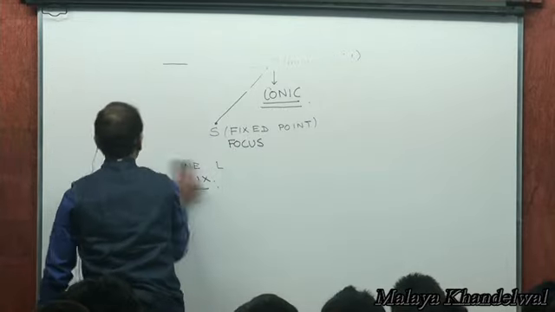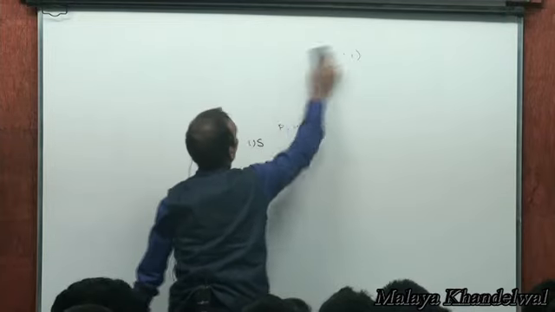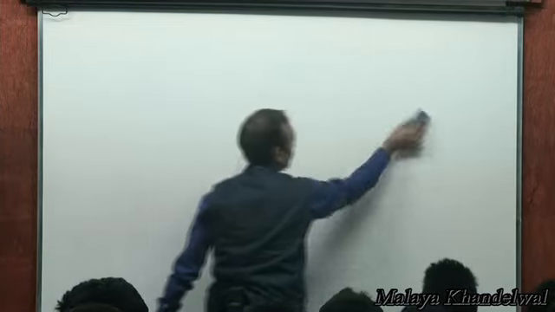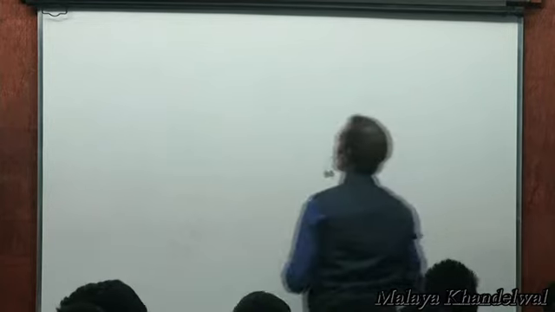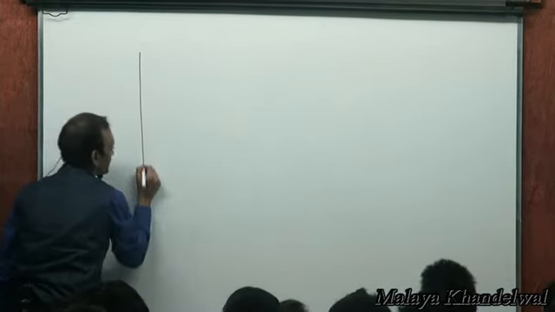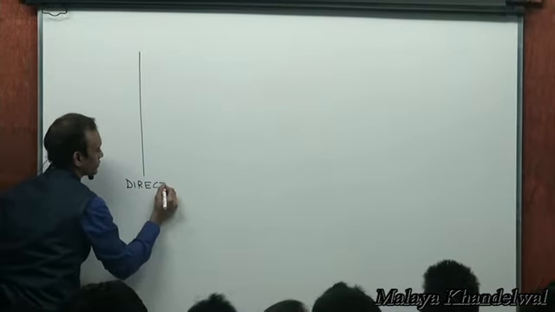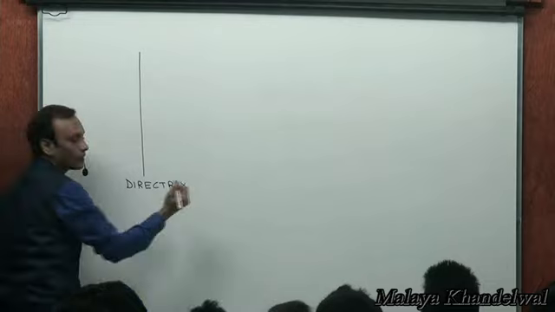Now, this is the fixed line L, which is the directrix of the conic, right?